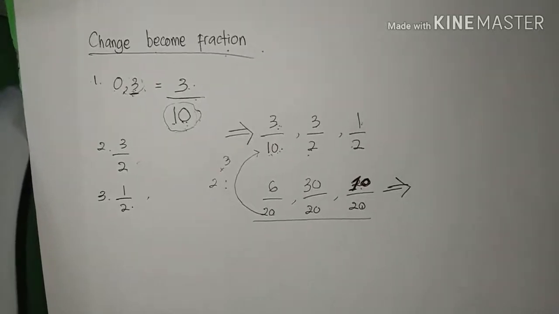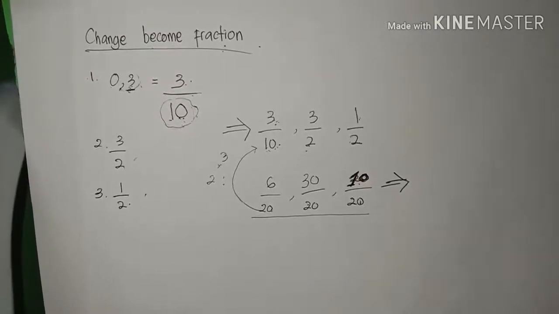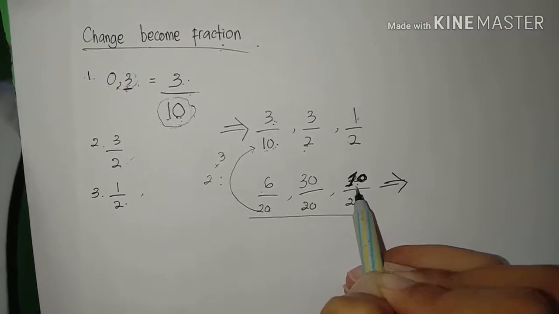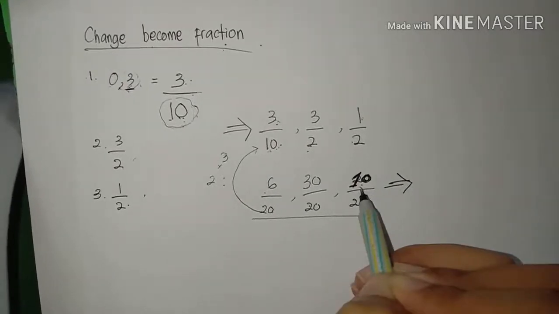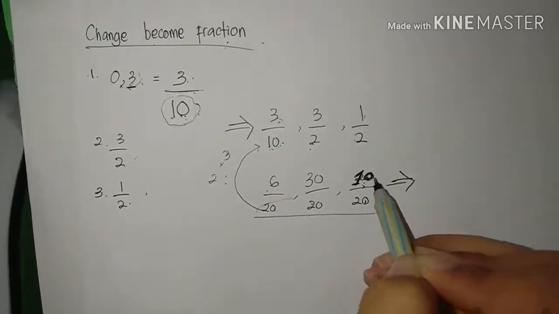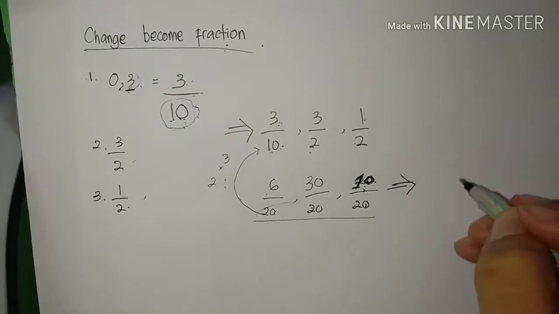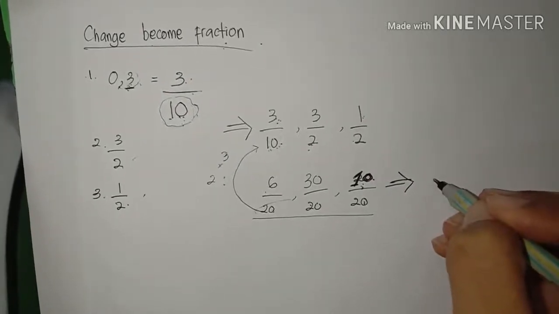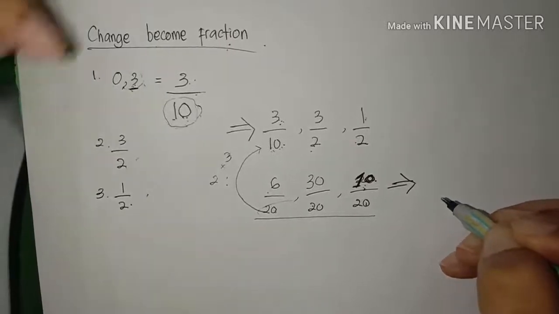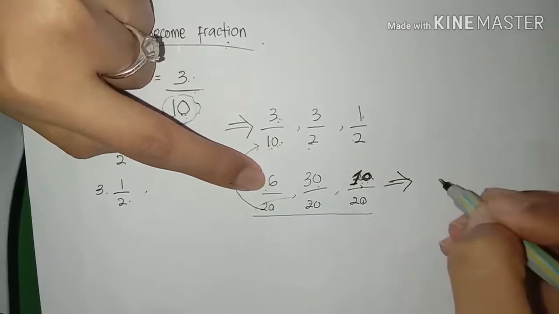So now we can arrange from smallest. We only look at the numerator, because the denominator is the same, so we look at the numerator number. Let's arrange from smallest: among 6, 30 and 10, the smallest is 6.